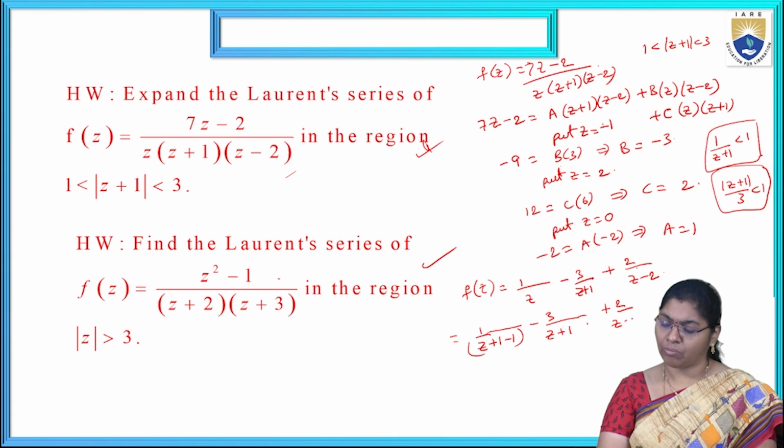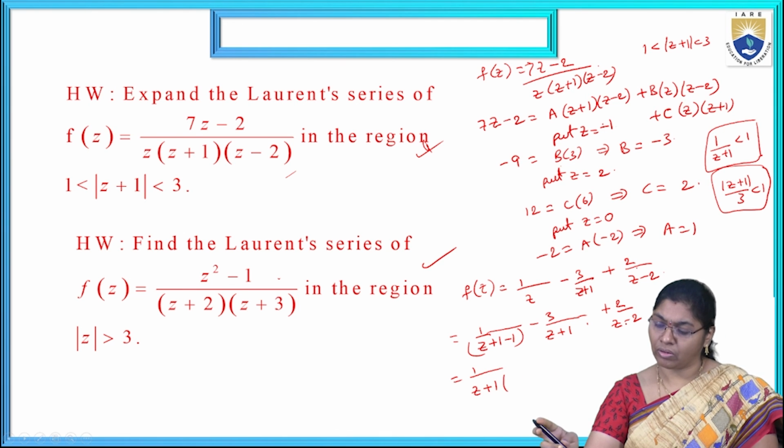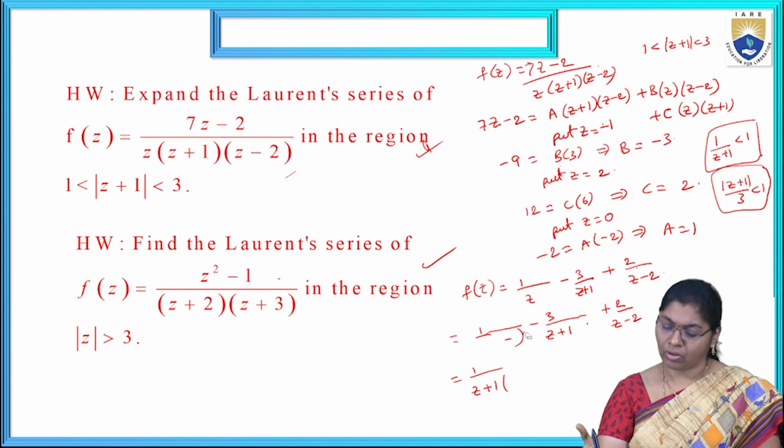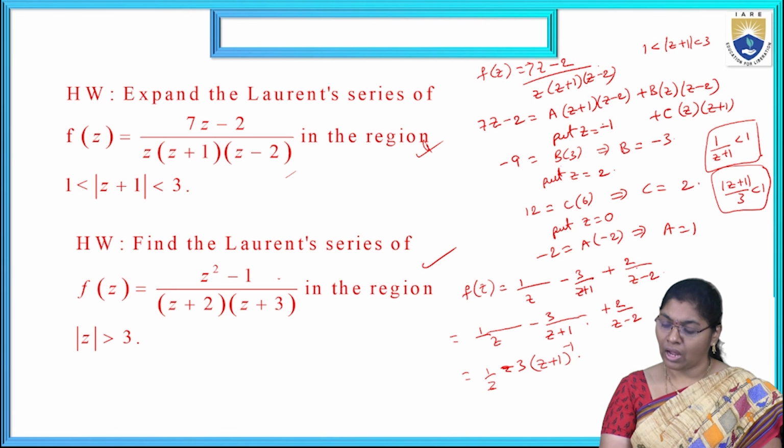Now 2 by z minus 2, common with z plus 1 here. Both are direct steps. So 1 by z, that is z inverse, into minus 3 into (z plus 1) whole inverse, and 2 into, taking minus 2 common in the denominator, (1 minus z by 2) whole inverse.